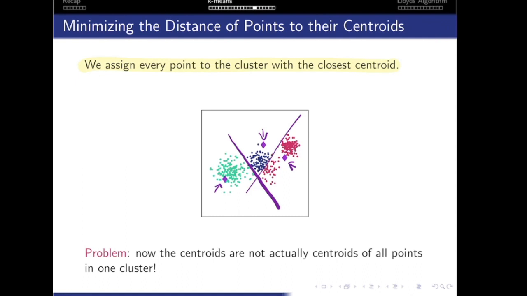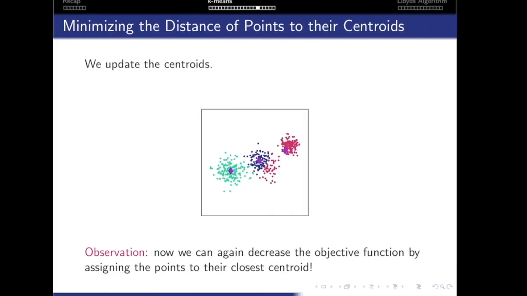Now the thing is that these centroids, the purple diamonds, are actually not centroids of the points in one cluster, right? So what should we do? Well, we compute them, right? So we compute now the centroids of all the points which are green, and of all the points which are blue, and of all the points which are red.